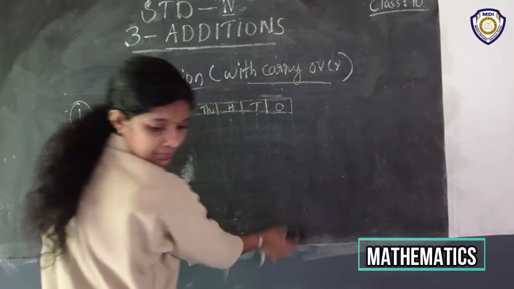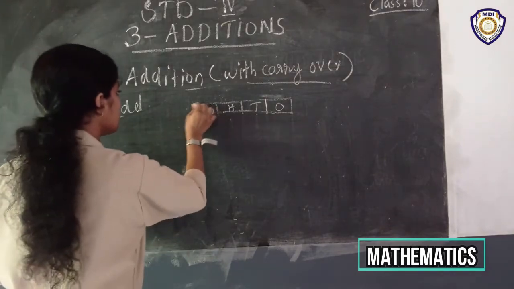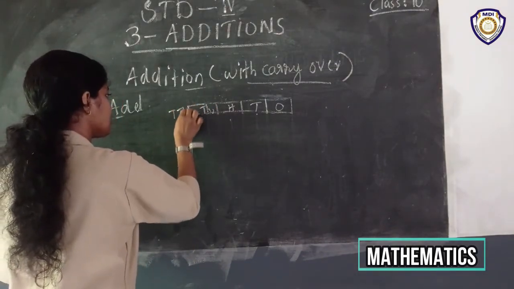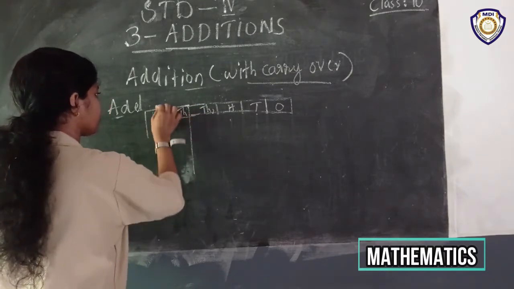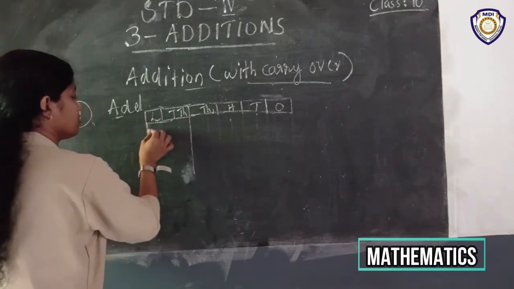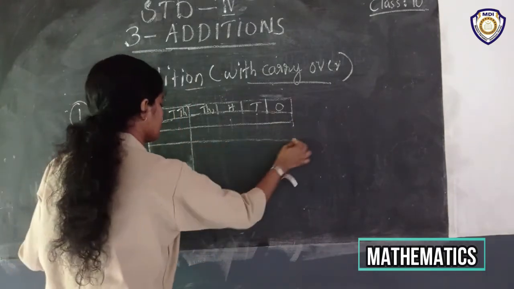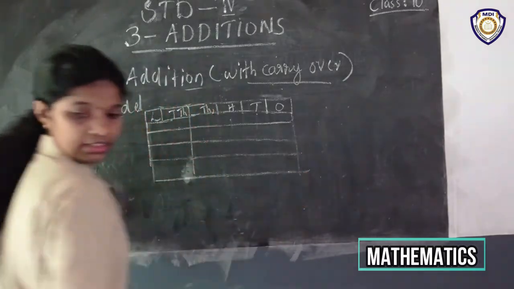Place values: 1,000, 10,000, lakh. Okay, listen here.